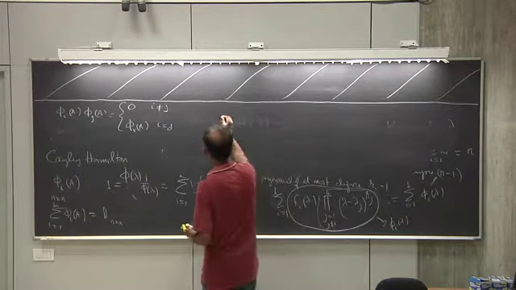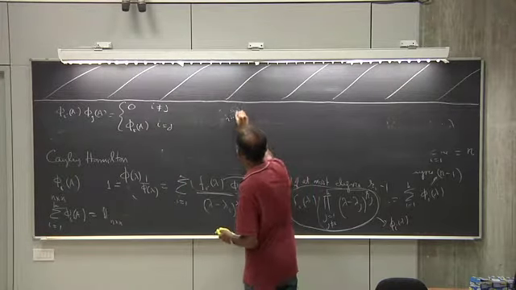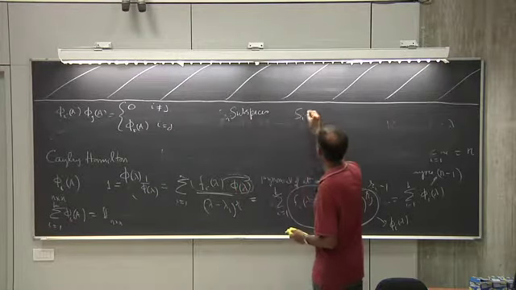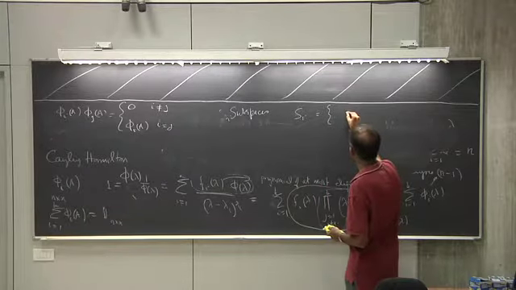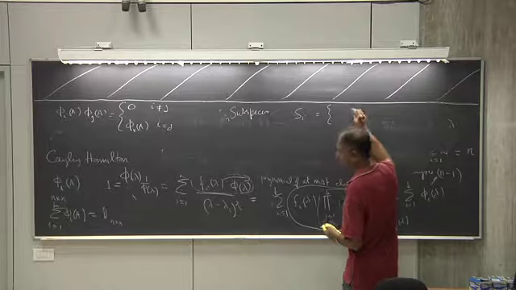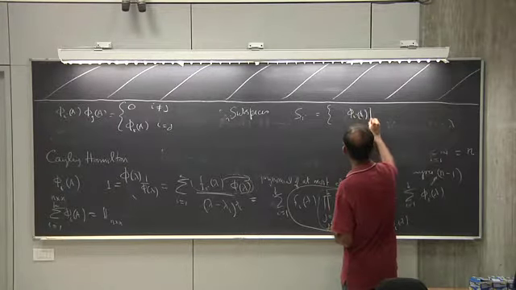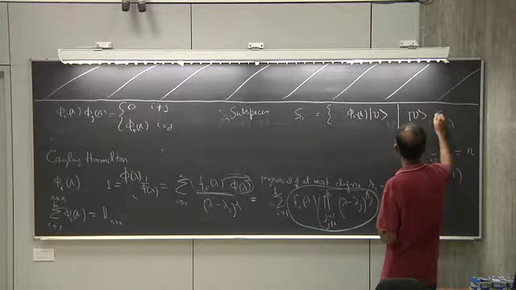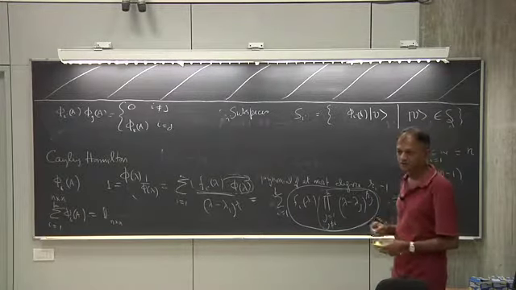Then we define the subspaces S_i. These are the set of all vectors which can be written as phi_i(A) acting on any vector V, where V belongs to the full vector space S. This was the definition of S_i.